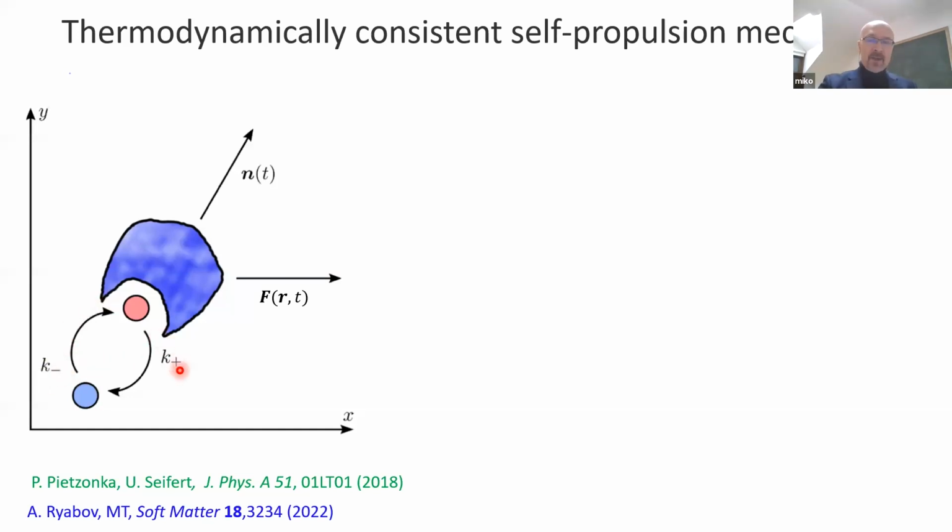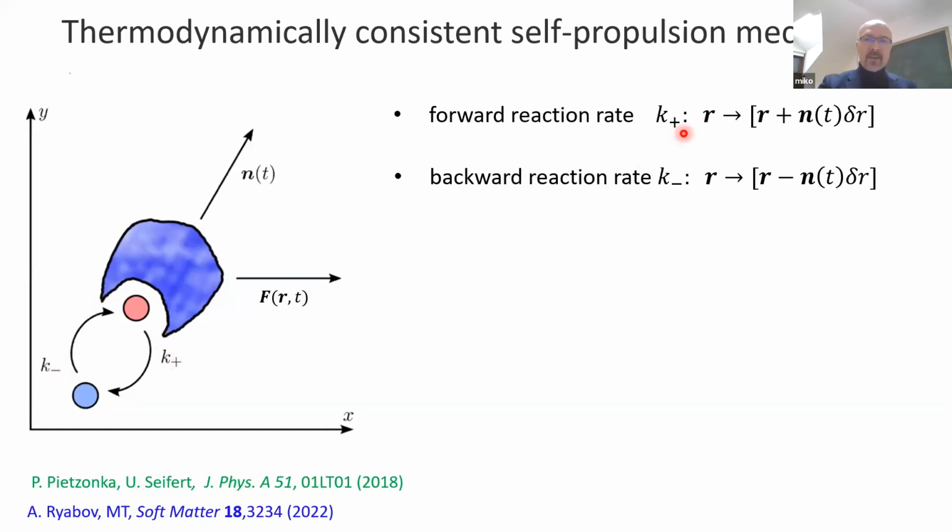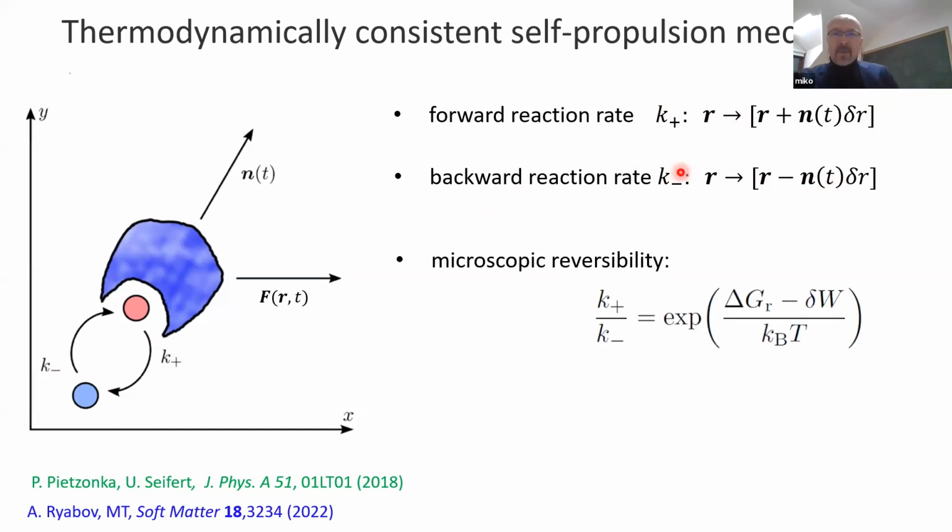So we have a forward reaction with rate k plus, which translates this enzyme by delta r in the n direction. Along the n direction, we also include this backward reaction with rate k minus, which translates our particle in the negative direction. And then the rates are not arbitrary.